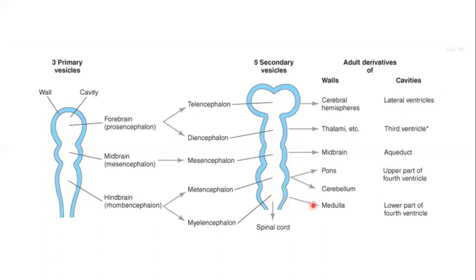The cavity of the pons is the upper part of the fourth ventricle, and the medulla cavity is the lower part of the fourth ventricle. I just wanted to show with this embryology how these various parts of the brain emerge from the primary brain vesicle.